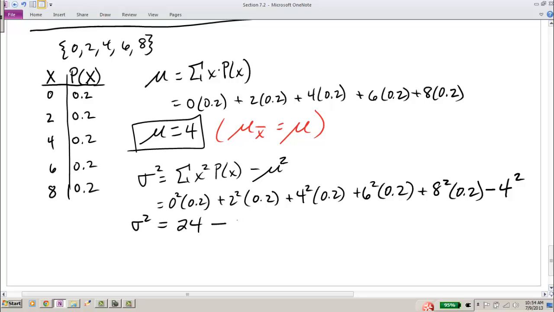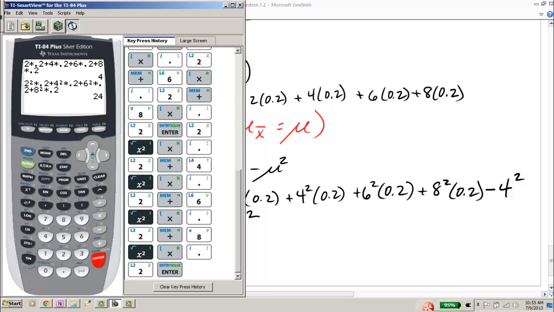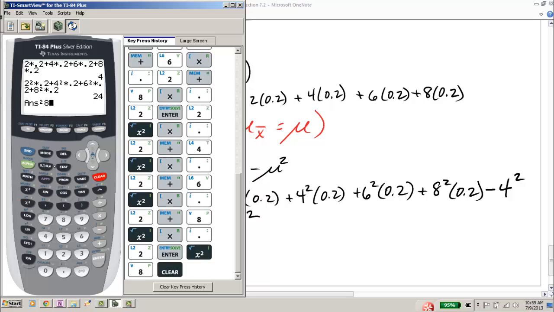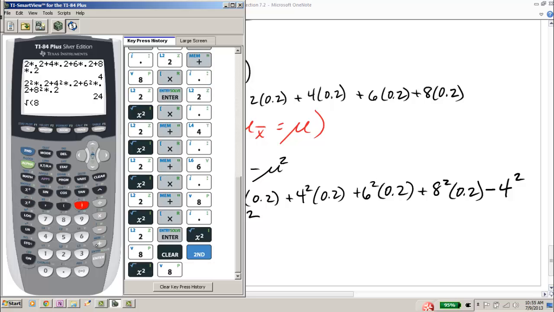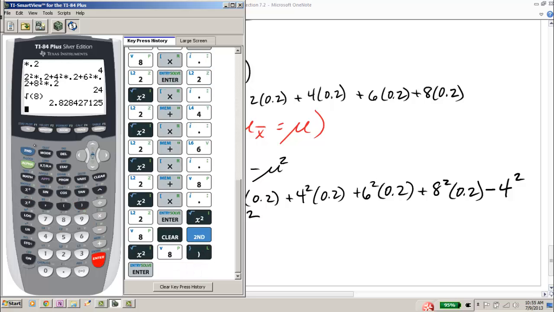And then subtracting off the square of the mean. 4 squared is 16. 24 minus 16 is 8. And so sigma here is the square root of 8, or approximately 2.828.